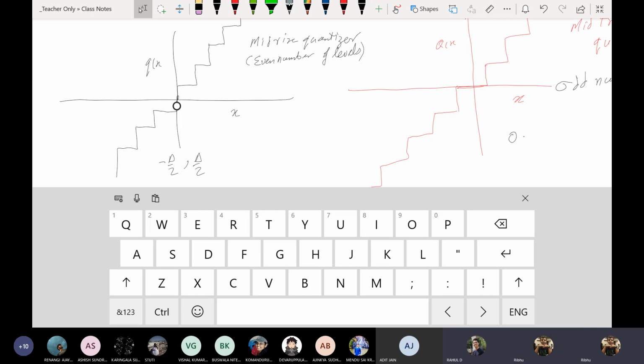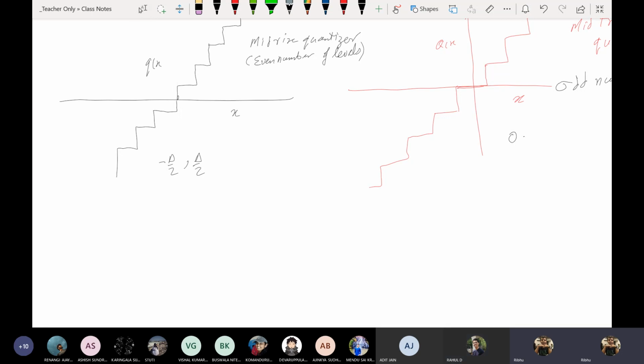No, this is not like the floor function. This is always the round function. Oh, sorry, the problem is with my placement of the axis. No, this is not the placement of the axis. At 0, it transitions from minus half to half. This is right.